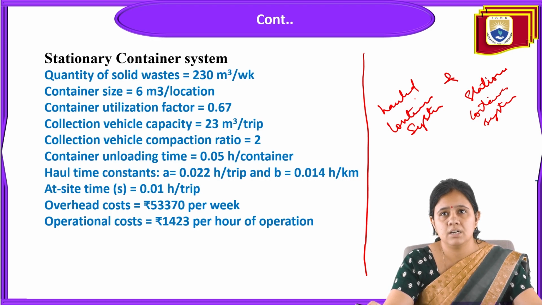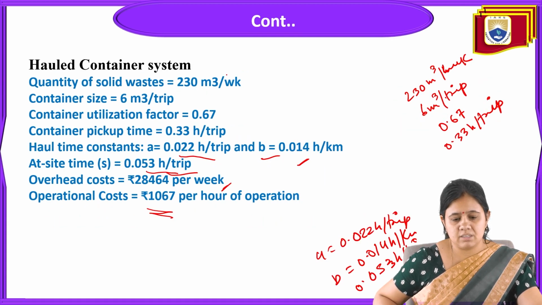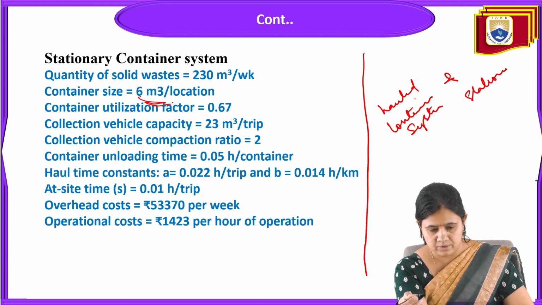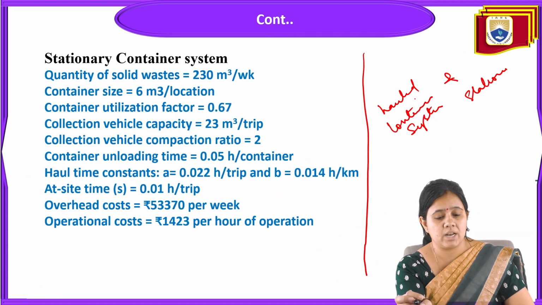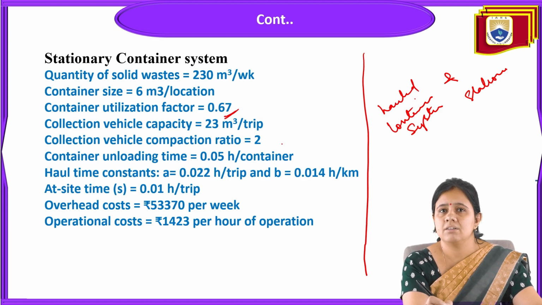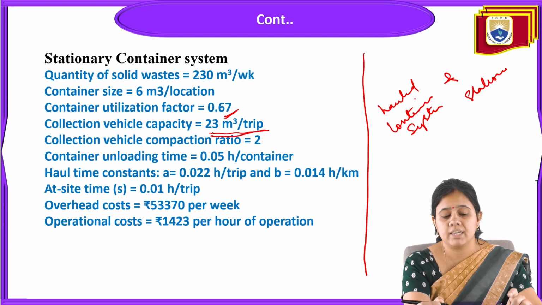The quantity is 230 meter cube per week, the same as in the first one. The container size is 6 meter cube per location, and the container utilization factor is also 0.67. The collection vehicle capacity is 23 meter cube per trip. The vehicle compaction ratio is 2, because this is a stationary compactor container system.